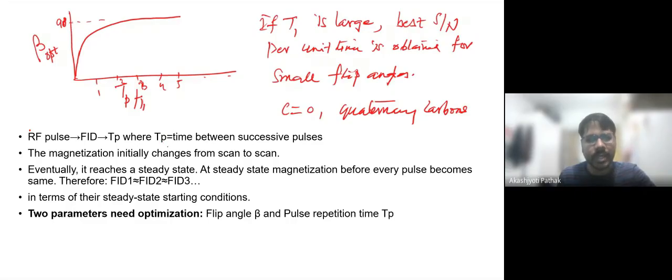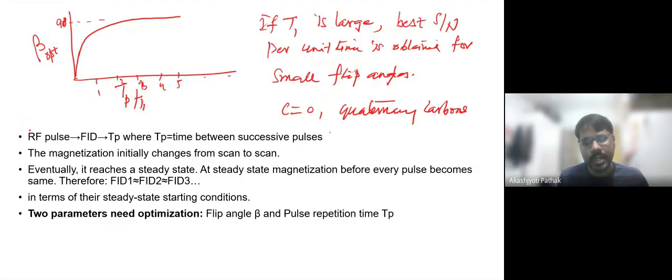The duration must be optimized so that every time the magnetization that you are capturing will be the same. The magnetization initially changes from scan to scan. Eventually, it reaches a steady state. At steady state, the magnetization before every pulse becomes the same, so your FID1, FID2, FID3 are the same. By doing multiple scans, you are actually improving the signal to noise ratio.